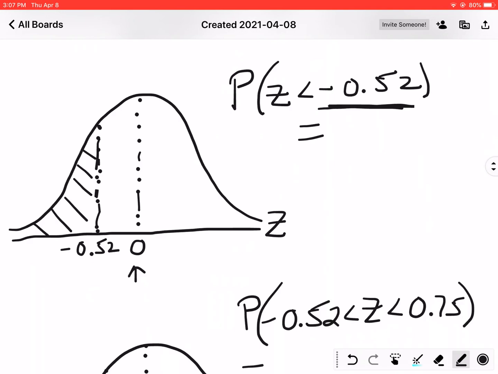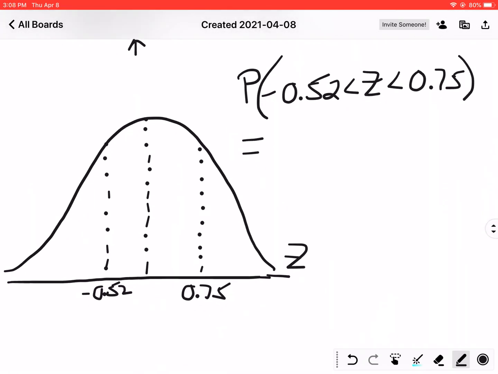Anyway, so if I look up negative 0.52, find the row with negative 0.5 in front of it, and then go over to the column with 0.02, and you should see the number 0.30153. That's the probability or the area to the left of Z equals negative 0.52.